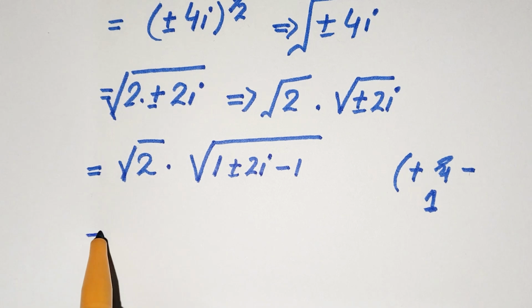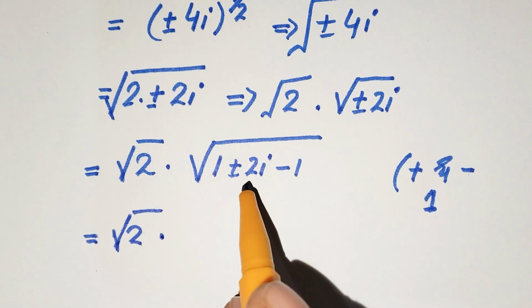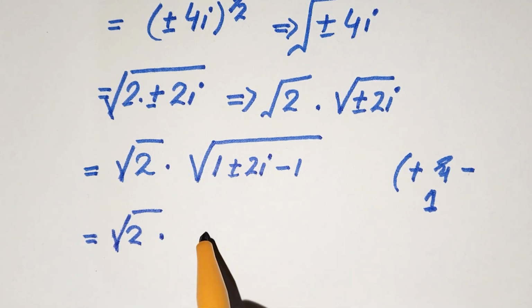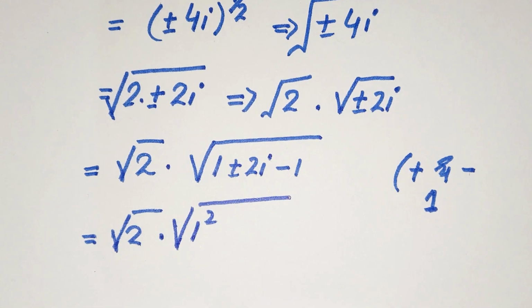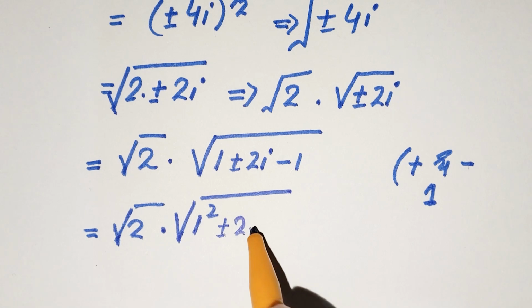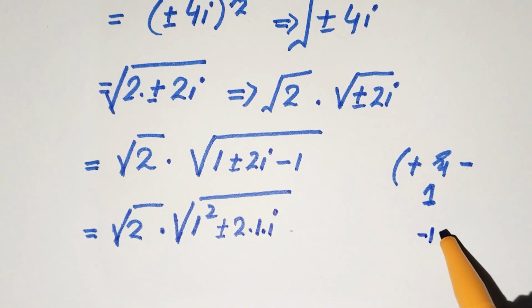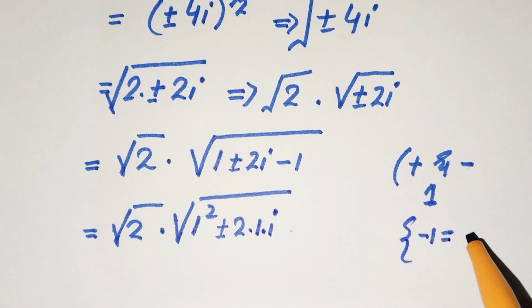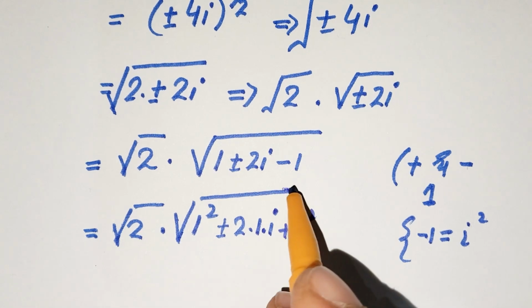So now the square root of 2 times the square root of, and I can also write it as 1 squared, plus minus 2 times 1 times i, and minus 1, we also know that minus 1 is equal to i squared, so it is plus i squared.